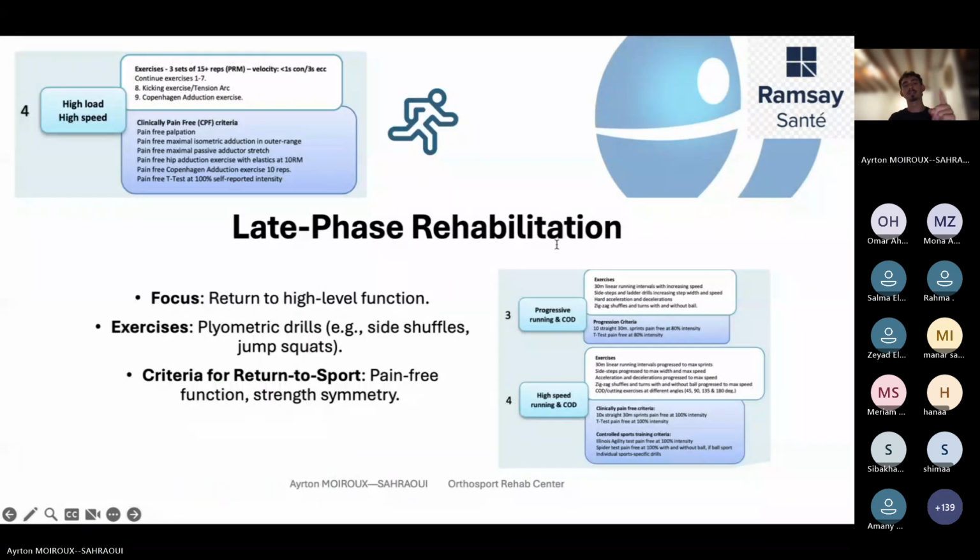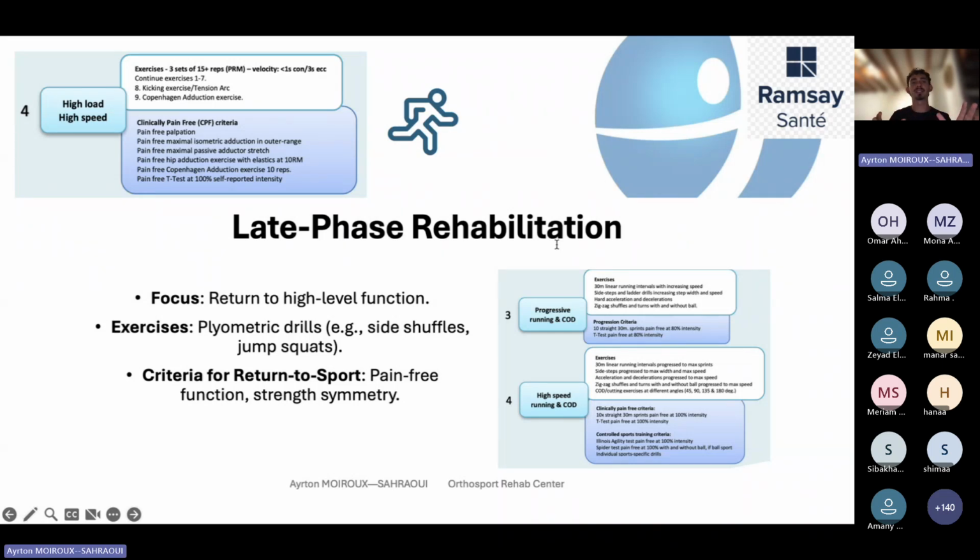And then if everything of these are good, we can return to play. Okay. Return to participation, return to play, return to run, return to everything that we can put in the return to sport term. That's during this phase.